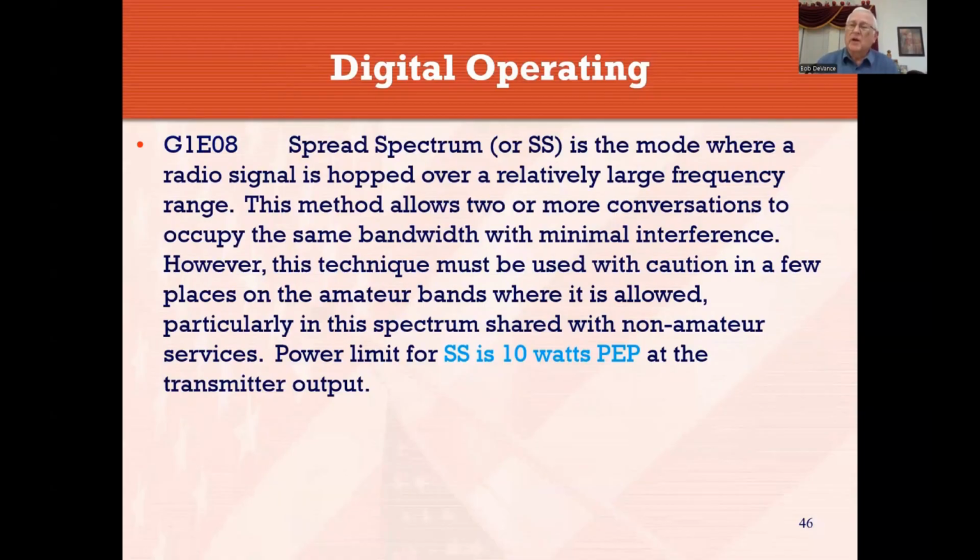If we want to set up a wireless network, we're authorized to do that and use those frequencies using spread spectrum. But our power limit is 10 watts peak envelope power at the transmitter output. So we can have more power than your home router has, which is normally limited to 100 milliwatts. So we can go to 10 watts with this, and we can be very, very effective with that at the 2.4 gigahertz frequency range.